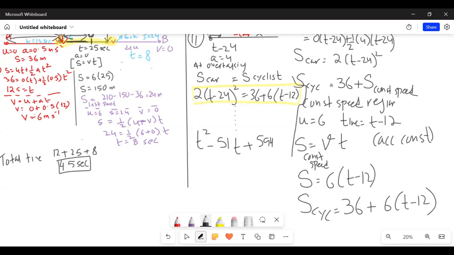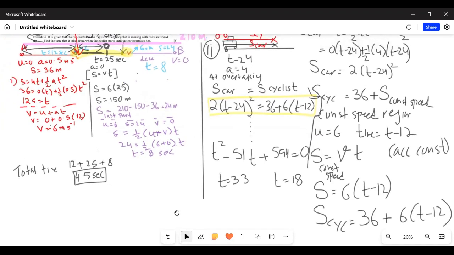And then when you solve this equal to 0, you get t is equal to 33 and t is equal to 18. One of these is an acceptable time, the other one is not. So which one is acceptable?